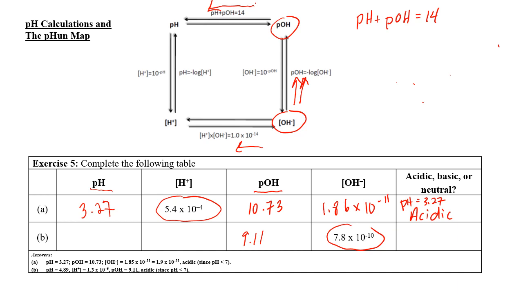I know that my pOH is 9.11, so that means the pH plus 9.11 equals 14. Subtract 9.11 from both sides, and your pH equals 4.89. Pretty easy.